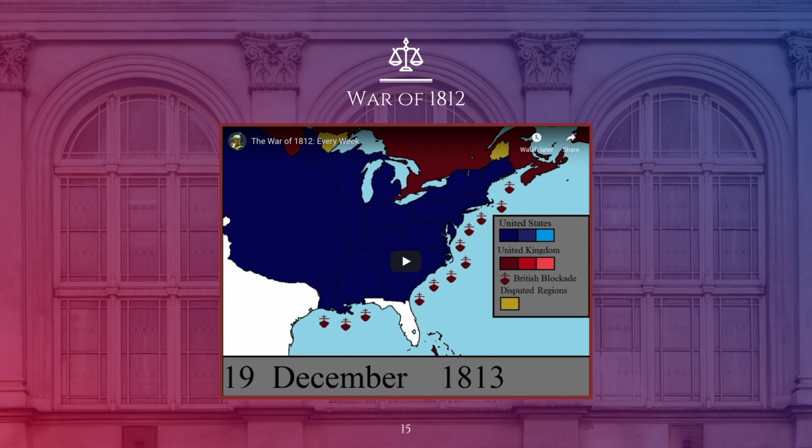As you can see, besides a few disputes, this war did not really change the context of North America in terms of land holdings by the British or the US.